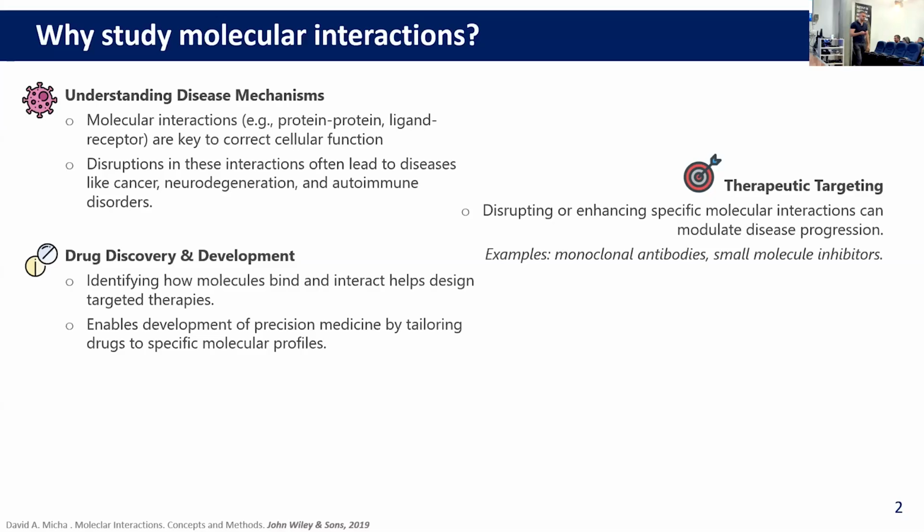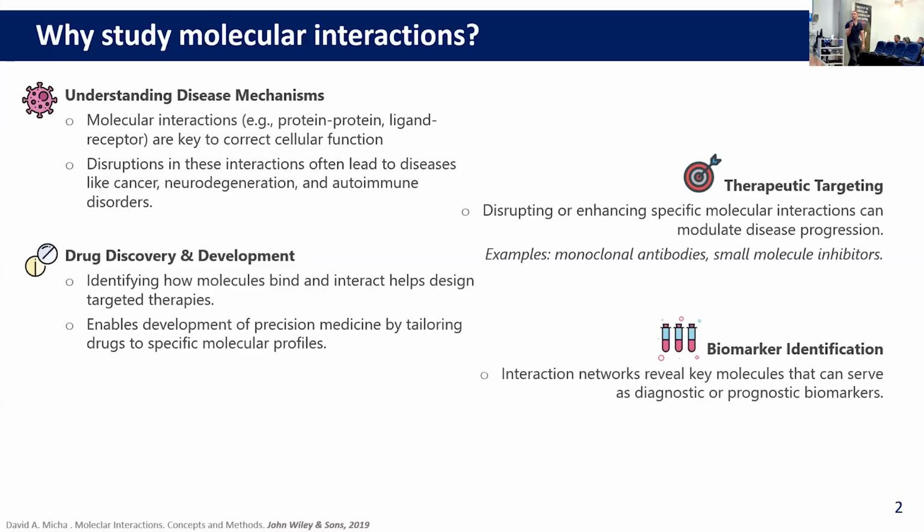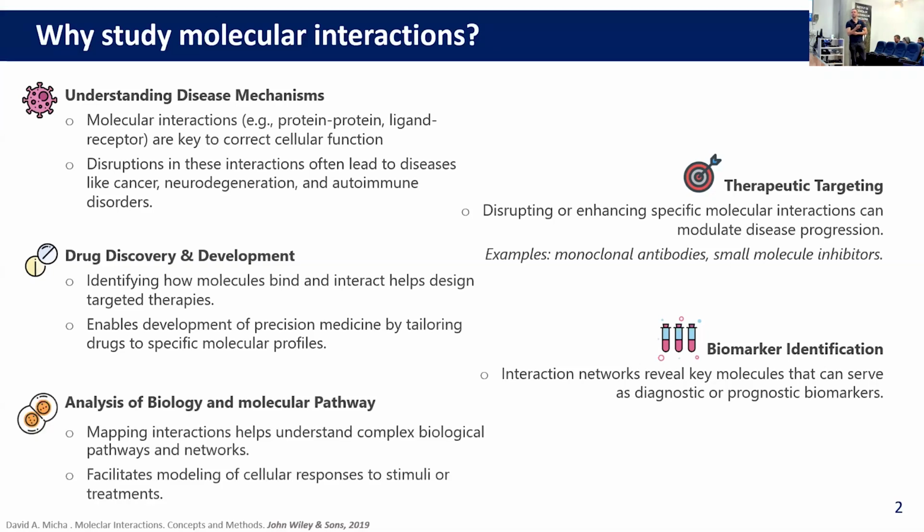Also, if you're developing drugs to treat these diseases, or you are trying to diagnose or characterize, you need to understand how these small molecules that are drugs are going to interact with your biological receptors, or which biomarkers indicate which disease. And in general, in all biology, in order to map all the processes that happen inside the cells, it's very interesting to quantify what these molecular interactions mean, right?